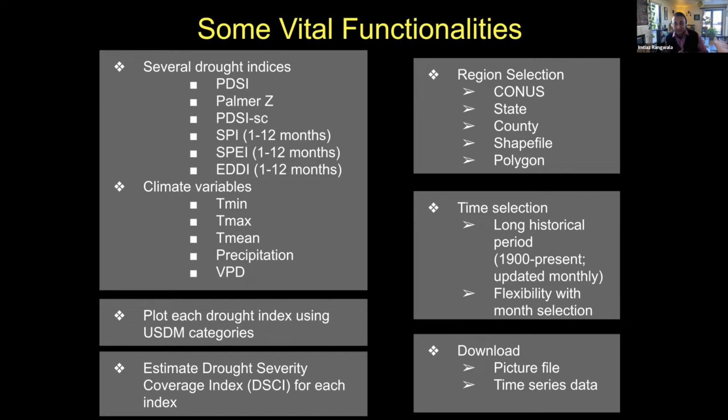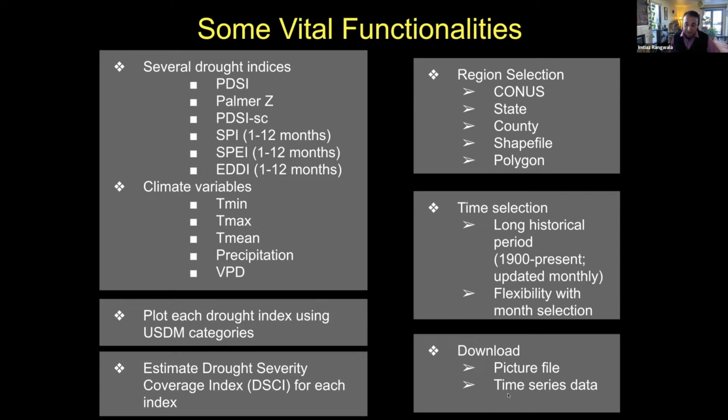And it has a really cool ability to do this location region selection. So you can work with states, counties by just putting the name, but also can work with shapefiles or different kinds of polygons, including point selection. Again, a lot of flexibility to work with time selection as well, and I'll just demonstrate that pretty soon.